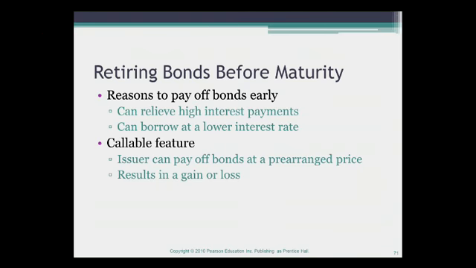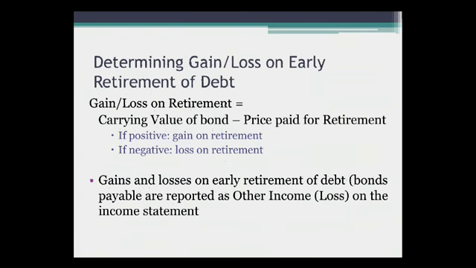So how do we determine the gain or loss on the early retirement of debt? Well, you compare the carrying value of the bond to the price paid for retirement. So you take the carrying value of the bond, that's the outstanding liability on the company's books, subtract off the price paid for retirement.